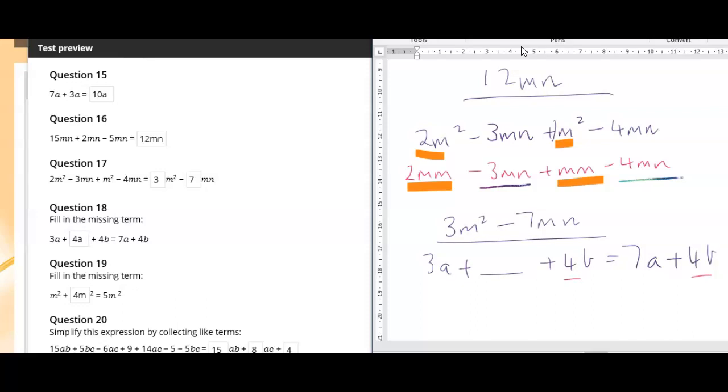If it's got to equal 7a, what do we add? If you think about it, we want to get 7 adults and 4 babies. We've already got the 4 babies, but we've only got 3 adults. So how many extra adults do we need to add to get to 7 adults? We need to add 4 adults. So 3a plus 4a gives you the 7a.